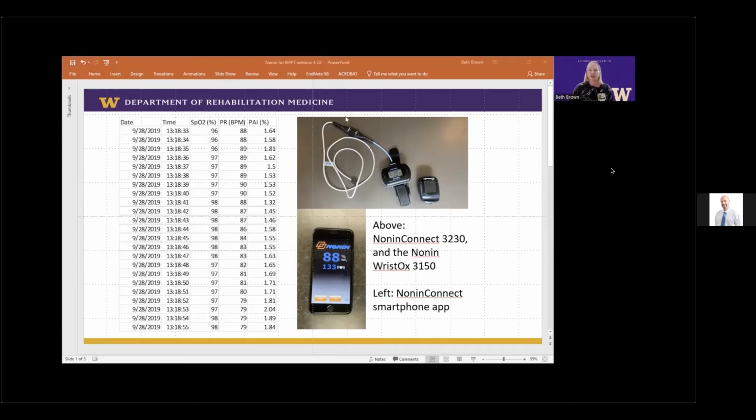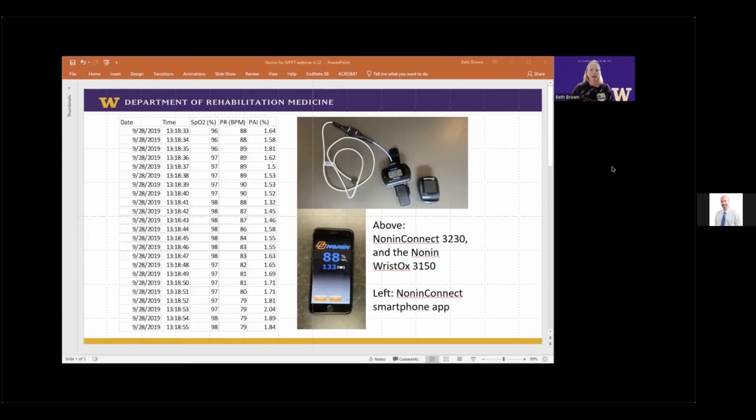So in the slide here, you can see that data exactly as it looks downloaded in the .csv file, where you have a timestamp second by second, and then SpO2 in one column, and then beats per minute for heart rate in one column next to that. And then this pulsatility index, this PAI percentage.